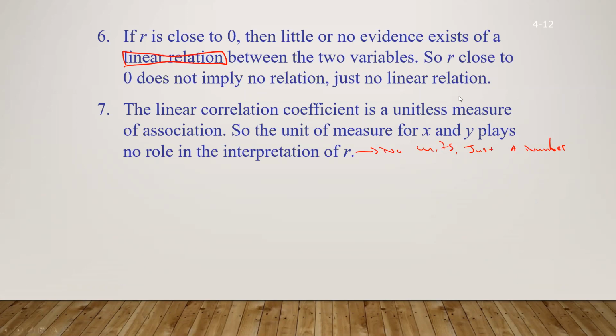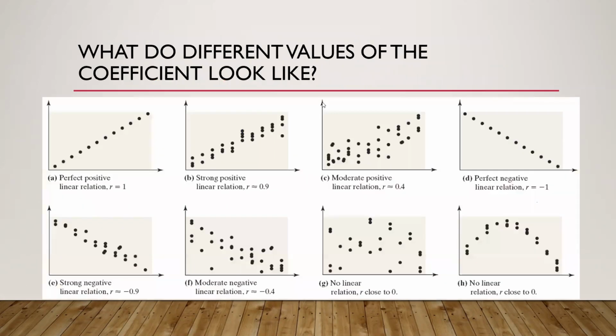Let me show you real quickly what some graphs might look like for different values of R. All right, so here and here were those perfect positive relationship. You can see a perfect straight line. Over here is perfect negative.